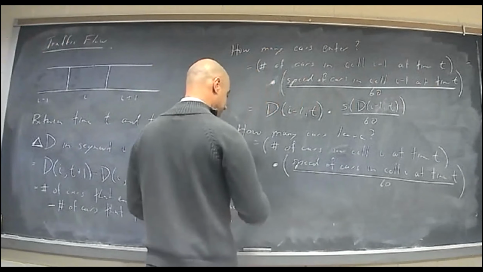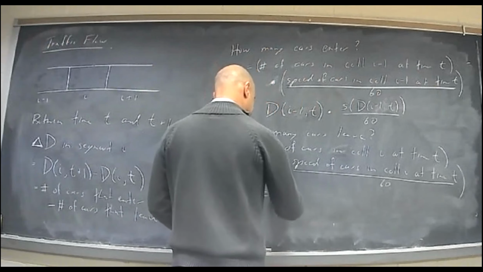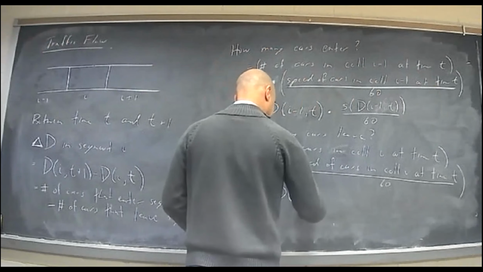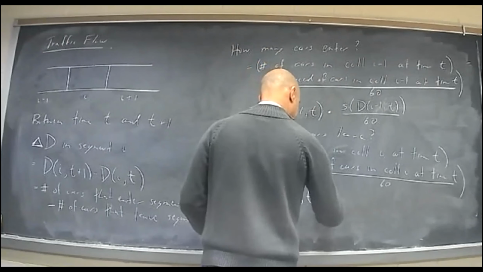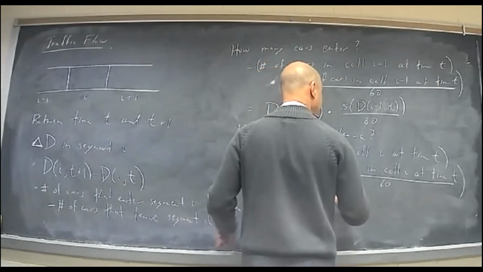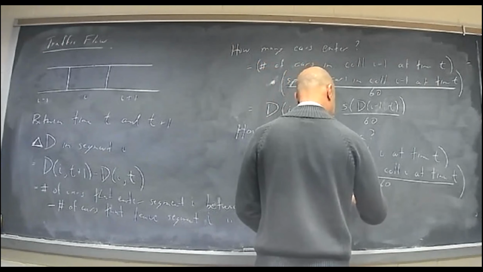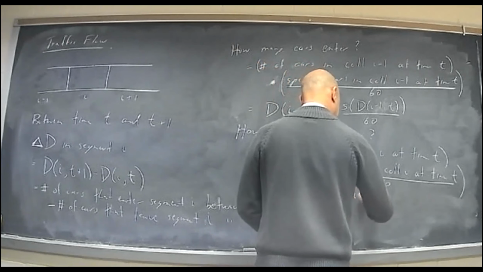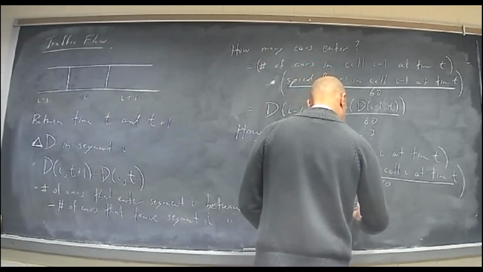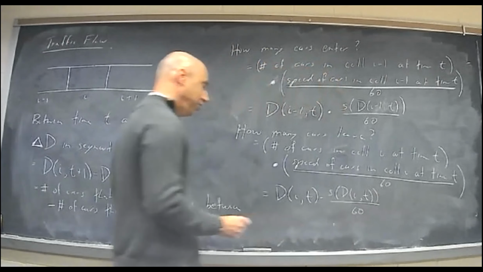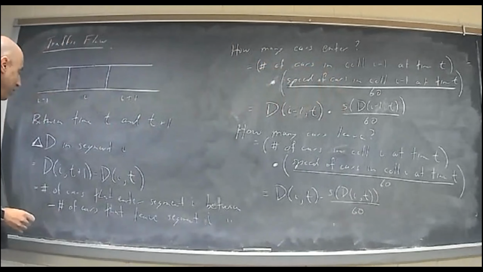And so this equals d_i(t) times the speed of that density, d_i(t), all over 60. Again, the division by 60 is just to convert from miles per hour to miles per minute.